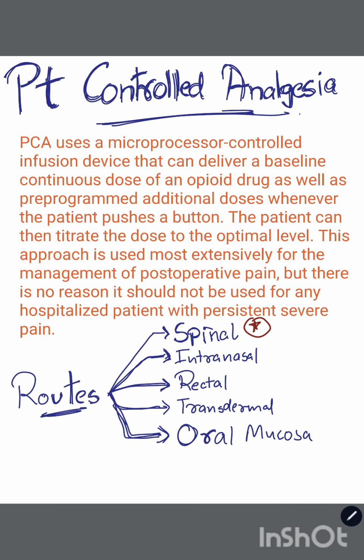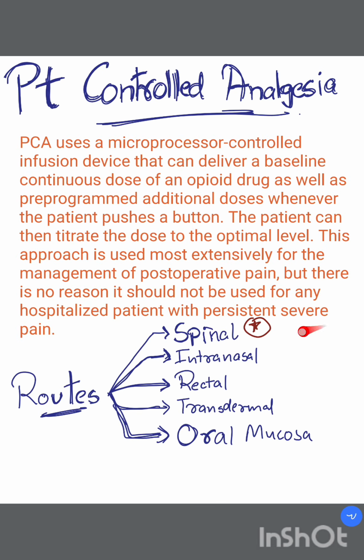So there is one concept, that is patient controlled analgesia. Patient controlled analgesia uses a microprocessor controlled infusion device that can deliver a baseline continuous dose of an opioid drug as well as pre-programmed additional doses whenever the patient pushes a button. Basal bolus kind of a thing.